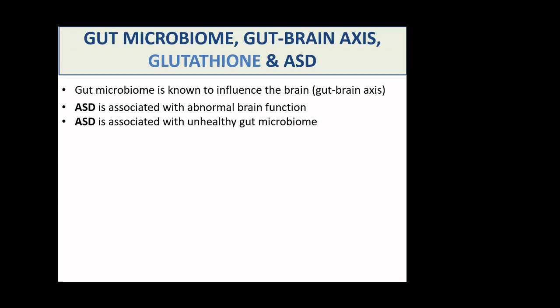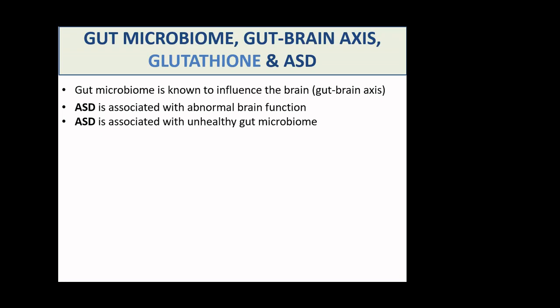ASD is also associated with unhealthy gut microbiome. Earlier on, we established that in ASD you have low glutathione and unhealthy redox ratios in the brain, especially the cerebellum and the temporal cortex.